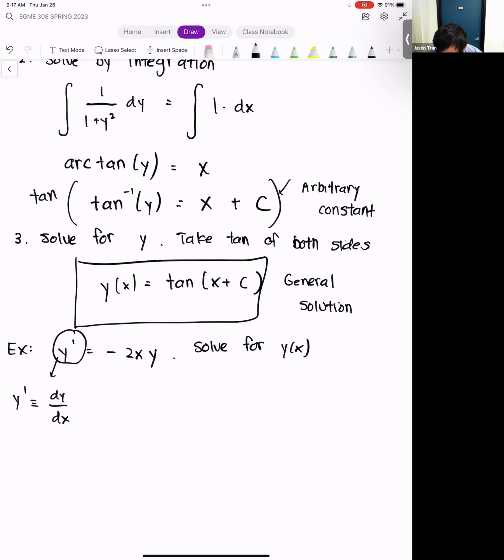That means this y of x is going to be subject to this initial condition. Our initial condition is y of 0 is equal to 1. Because we're given an initial condition, we're going to be solving for the particular solution.